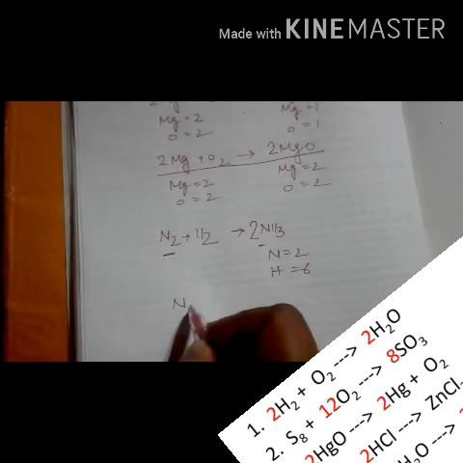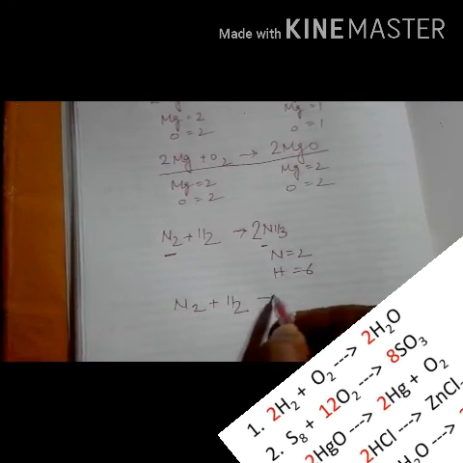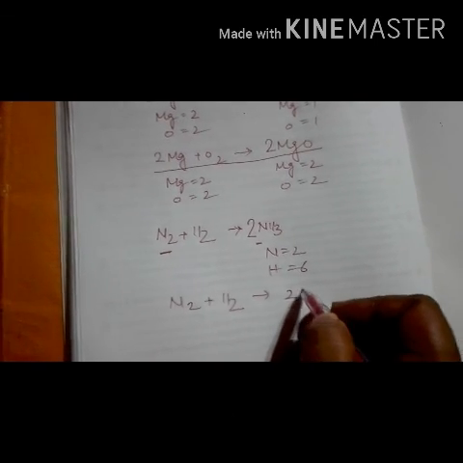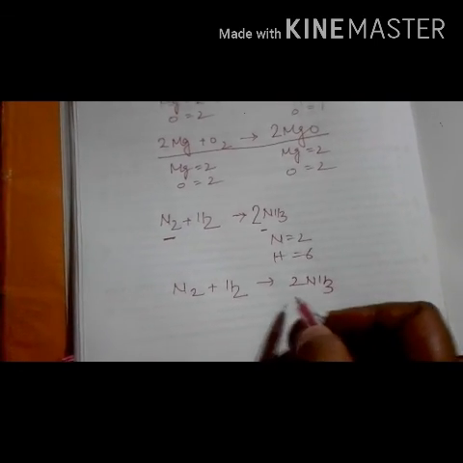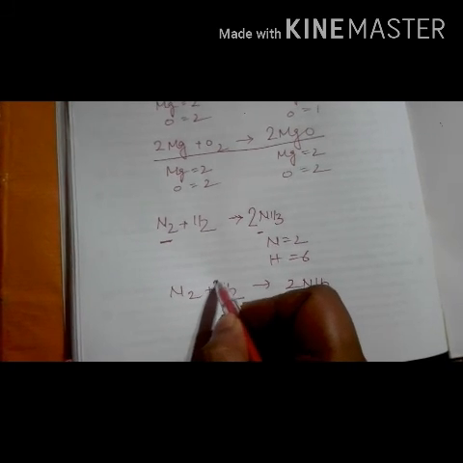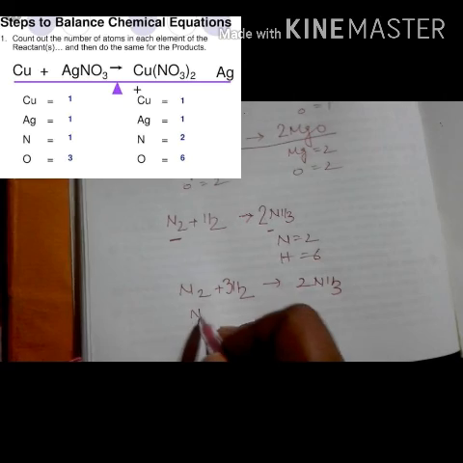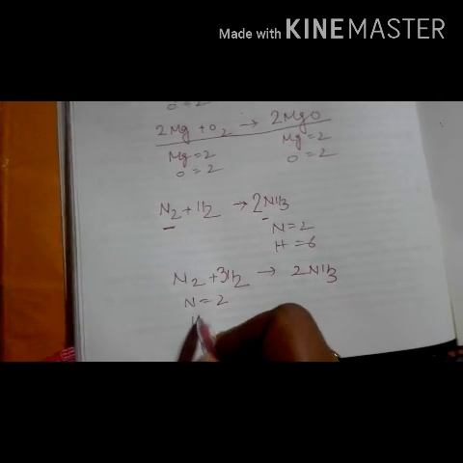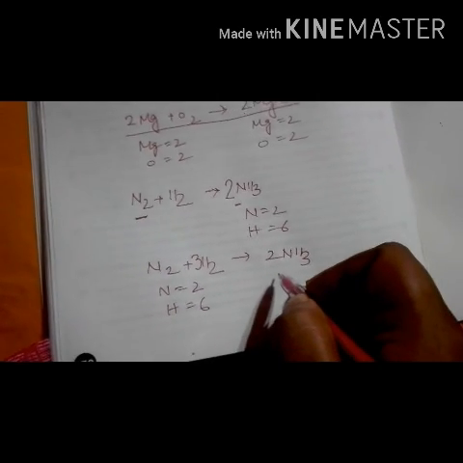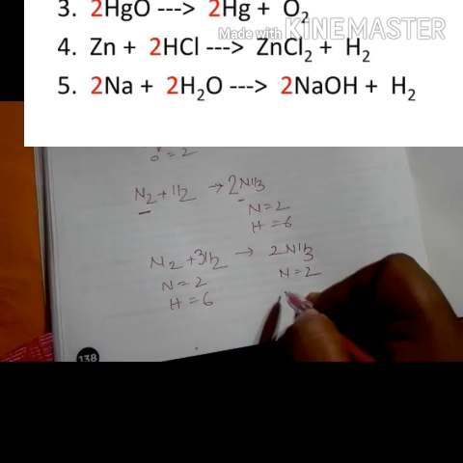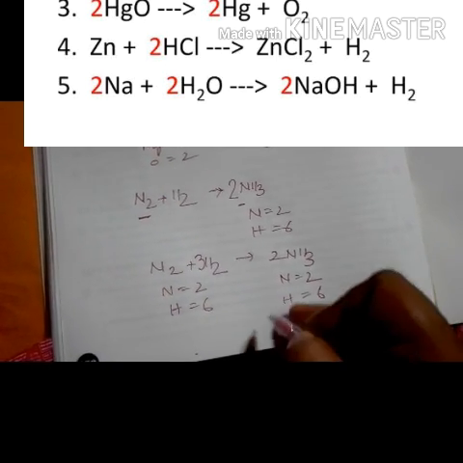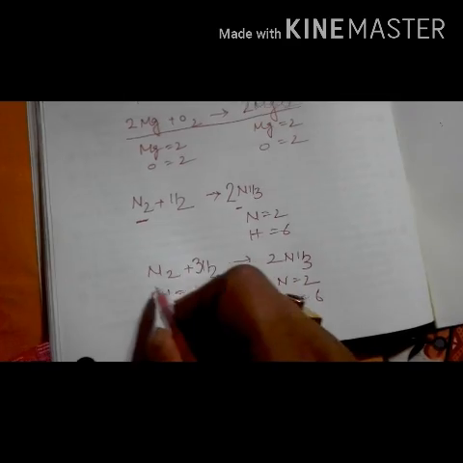So on the reactant side we have to do the same: if we multiply H2 by 3, that is N2 plus 3H2 changes into 2NH3. That means here N equals 2, H equals 6, and on the product side N equals 2, H is also 6. This is the way of balancing.